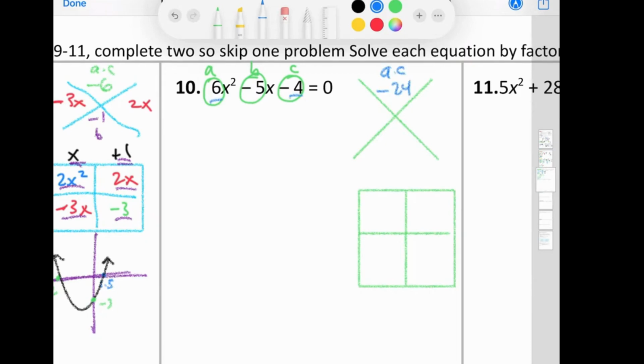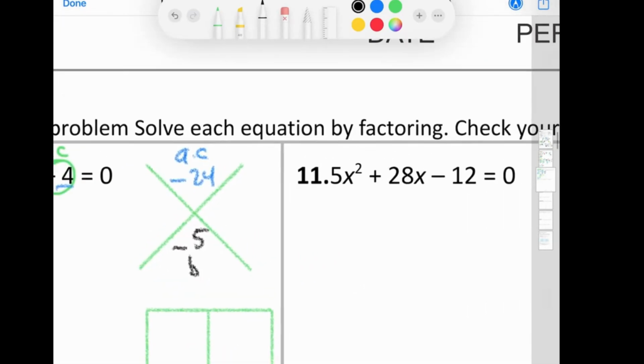My B value is negative 5. That always goes down here. Let's think of our numbers. You could just write them out. Larger number on the left. Any of those match? Found my winner.